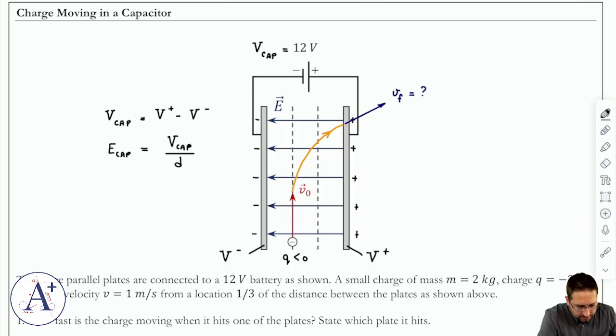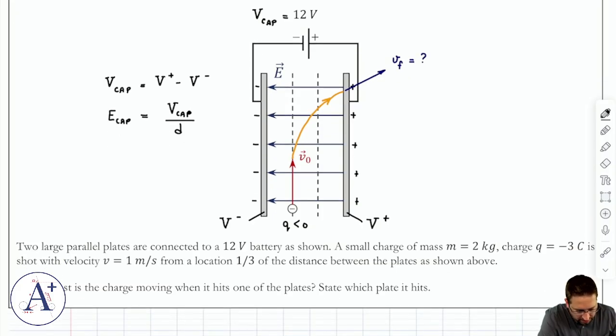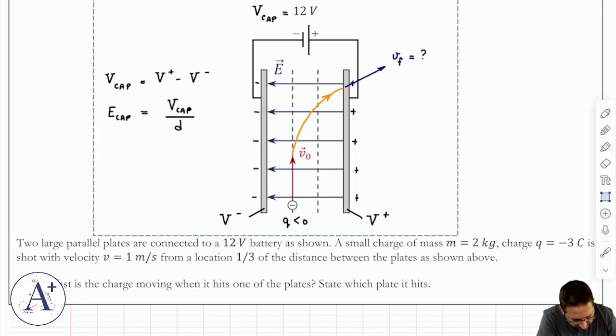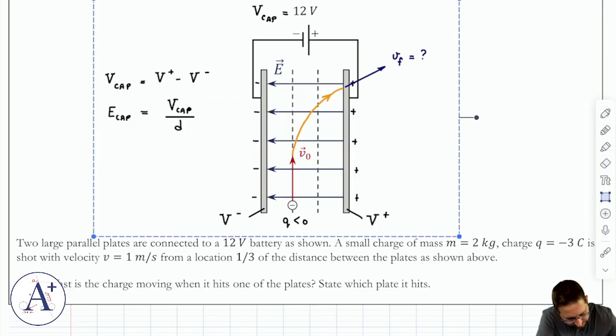All right, now, why am I doing this? Well, I'm doing this because I need to figure out, if I'm going to write conservation of energy, what the electric potential here is relative to V plus. In other words, what is V plus minus, let's call it V initial maybe, or V zero. So let me make a copy of this, right?